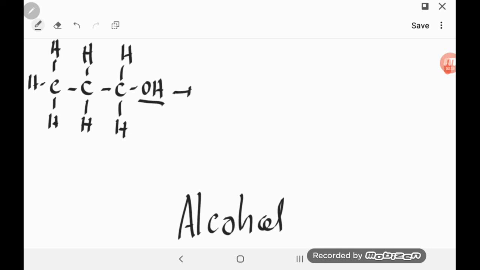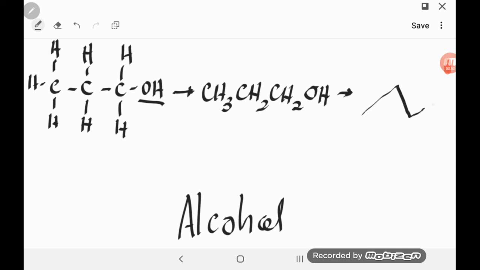Now the condensed structure for an alcohol would appear to be like this. And the line structure would be like this. This alcohol is commonly called propanol. Alcohols are used as methylated spirit, as fuels, and as disinfectants.